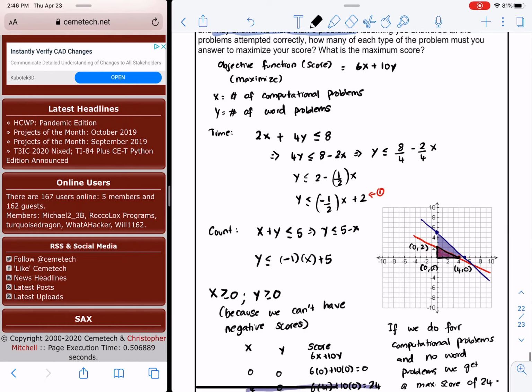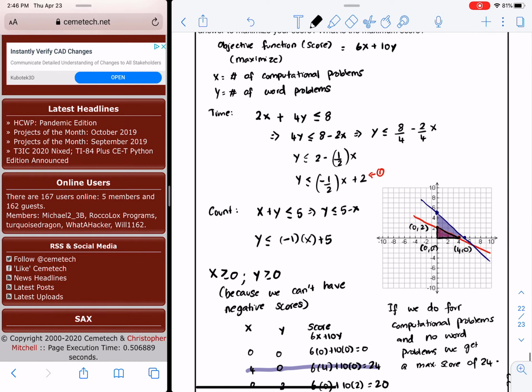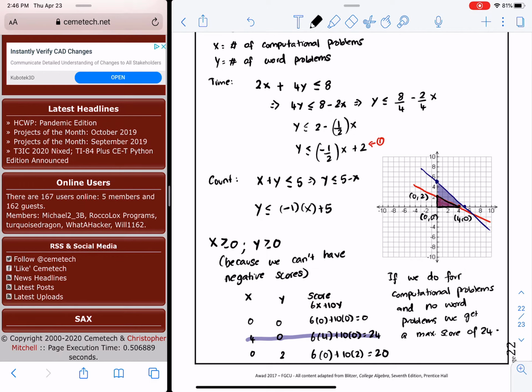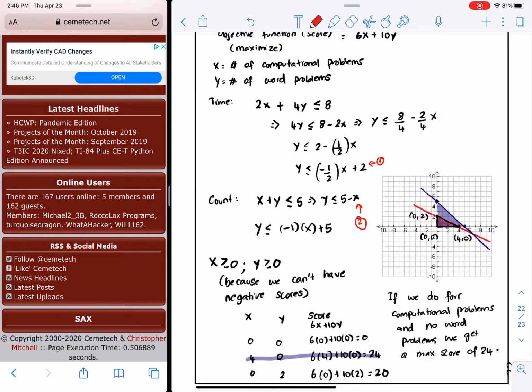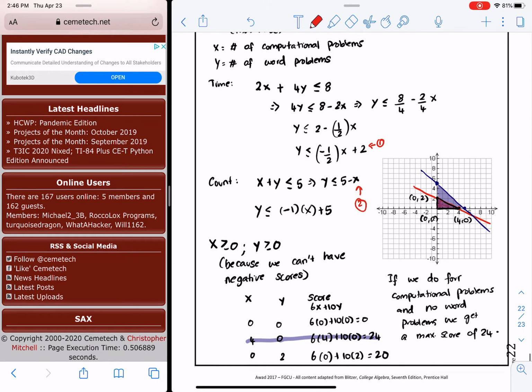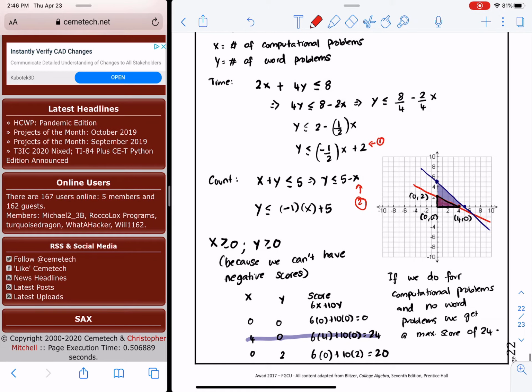Is 4 plus 0 less than or equal to 5? Yes. So it does satisfy our second constraint here. And does it satisfy the other constraint, which is 2x plus 4y less than or equal to 8? So we have 4 times 2 plus 4 times 0 to be 8. So that is also satisfied. So the solution you have is correct.